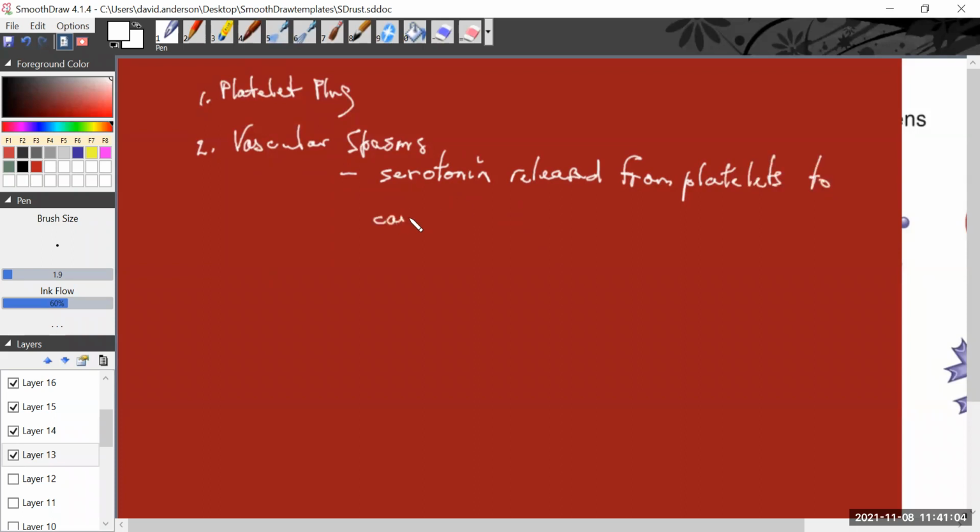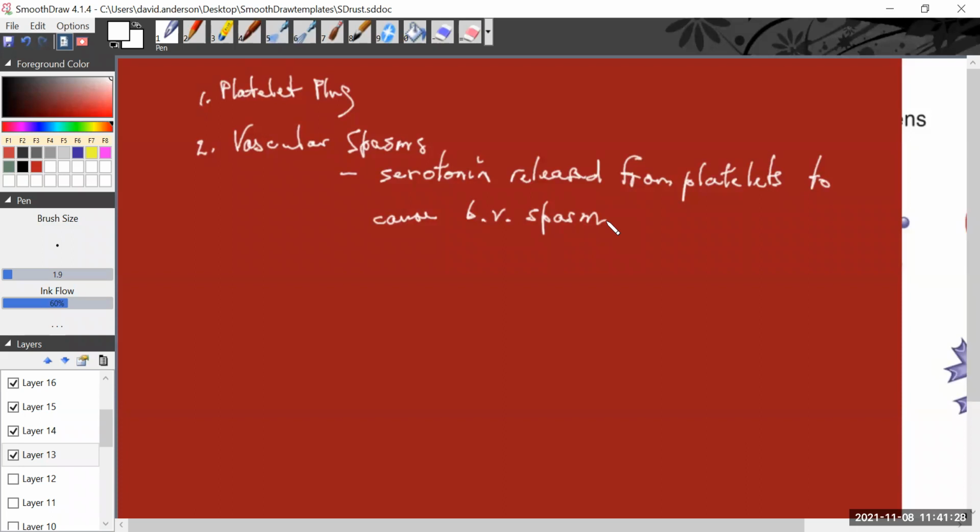to cause blood vessel spasm. Okay, so that B.V.S. is blood vessel spasm. So signaled by this serotonin. And that's going to decrease the blood loss until the clotting, the coagulation can actually occur.